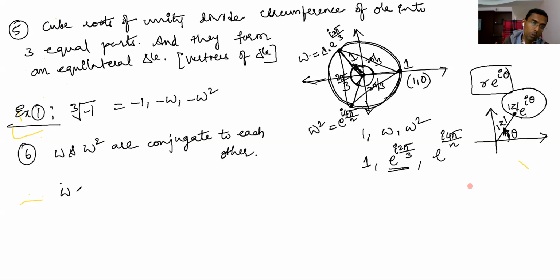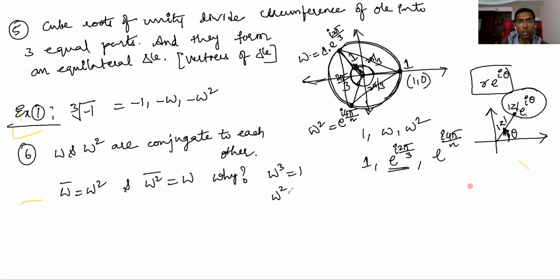That means omega bar equals omega square. Please understand. The conjugate of omega is omega square, and the conjugate of omega square is omega. Why? Because omega cube equals 1, omega square equals 1 by omega. 1 by omega means omega bar. Like this.